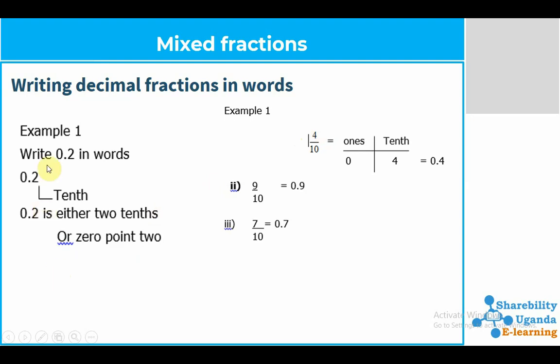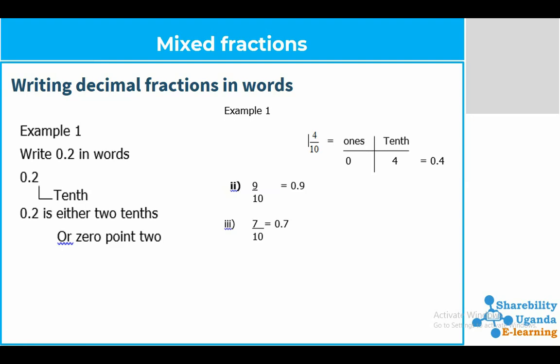For example, they are telling us write 0.2 in words. One way to read this decimal is when you have a value here and we have a point in it. When you looked at place values, we were able to identify how we can give numbers place values.